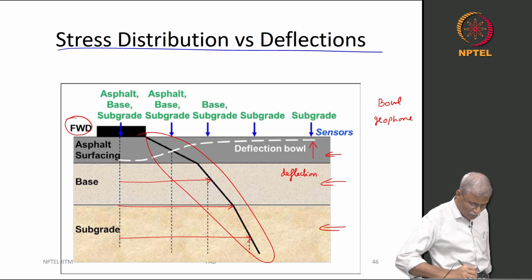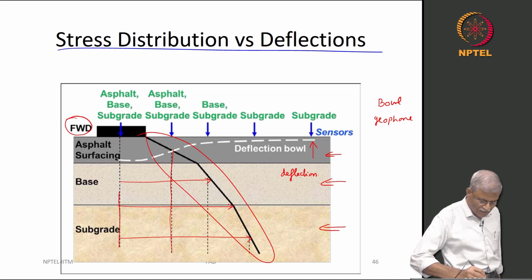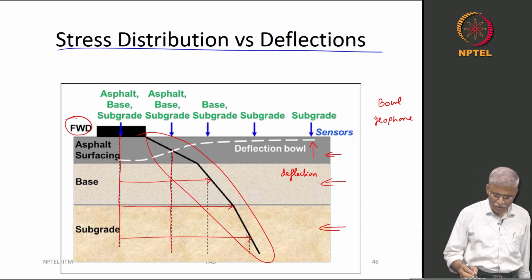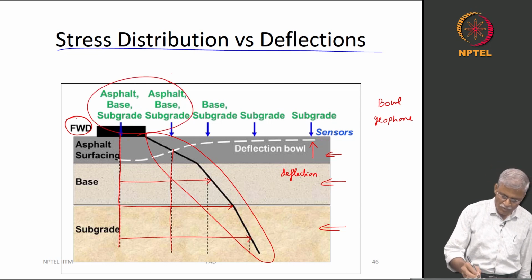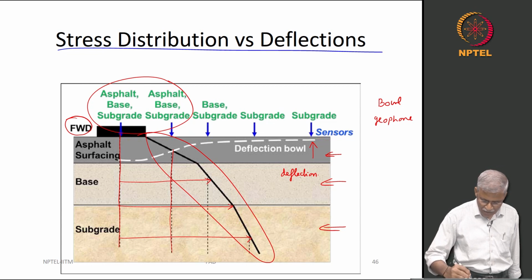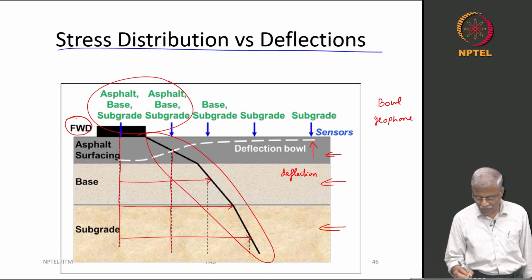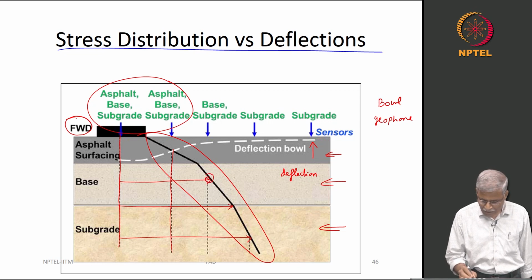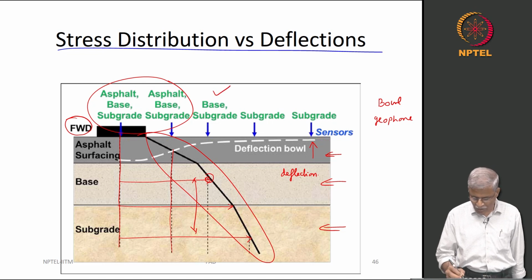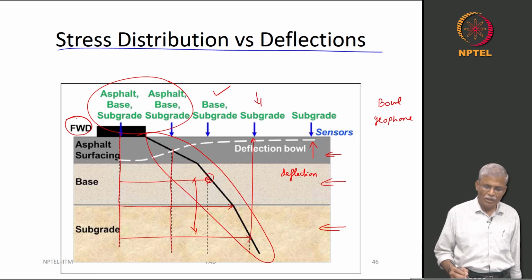If you look at this particular point here, the deflection is because of your stress, and it consists of asphalt, base and subgrade. But by the time you come here, where our stress bulb is, this is going to be dependent on the base as well as the subgrade. You go still further down and you realize that this is going to be dependent on the subgrade only.